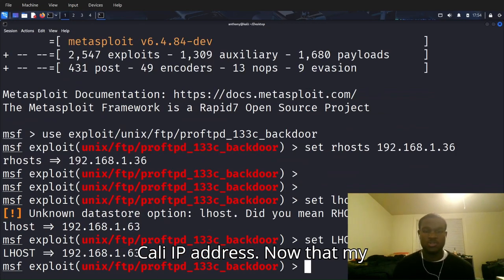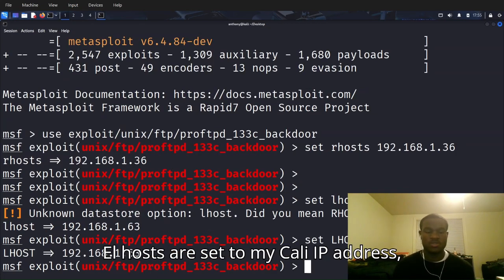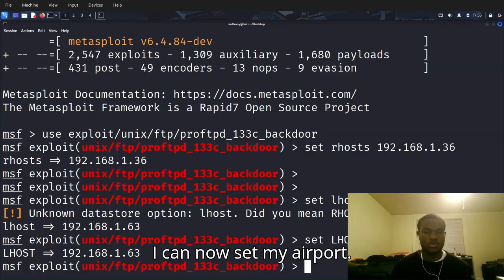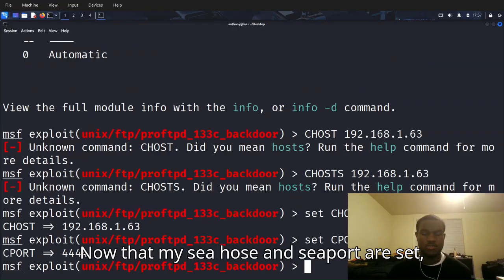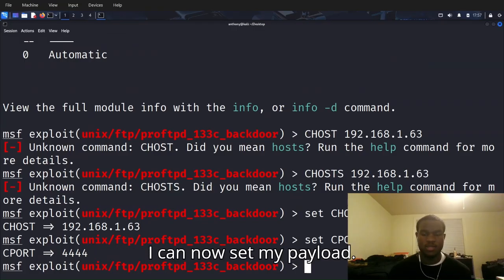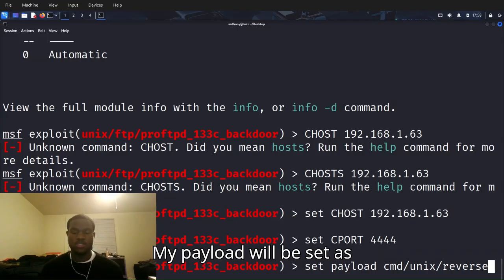Now that my LHOST is set, I can set my LPORT. Now that my LHOST and LPORT are set, I can set my payload. My payload will be set as cmd/unix/reverse.